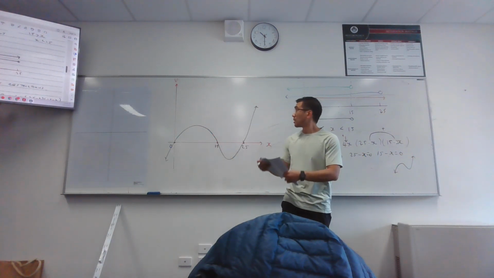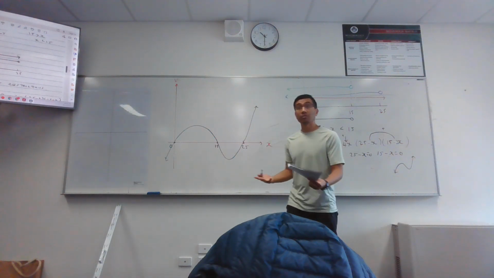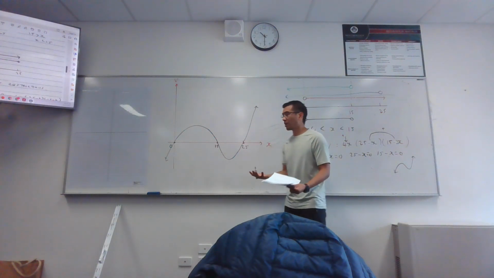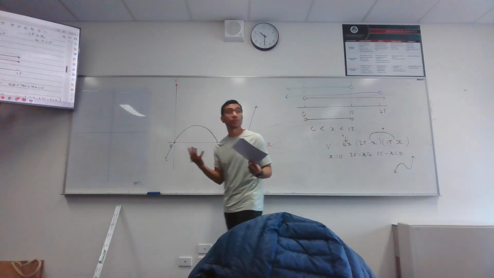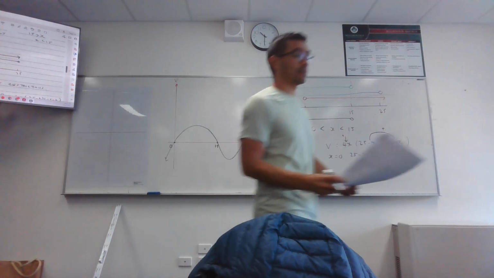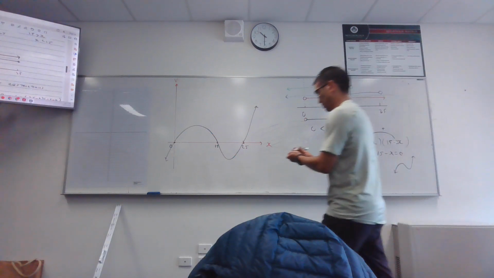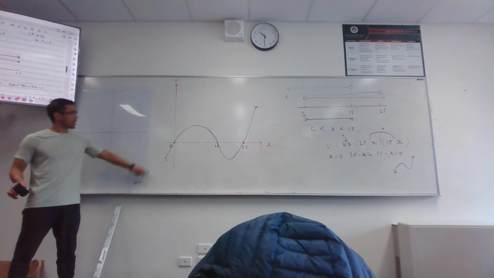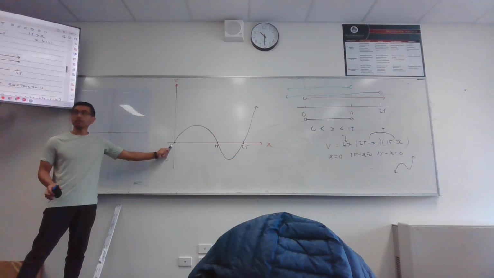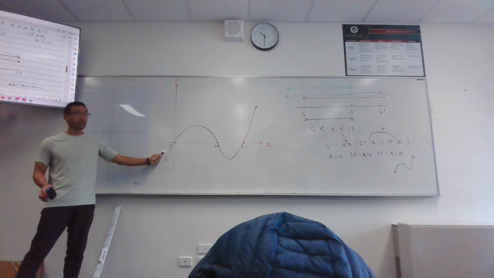Lastly, if we were to sketch this with the restrictions, here, 0 to 15, which parts would I erase out? Hudson, am I interested in this bit here? Why? Because it's the negatives.